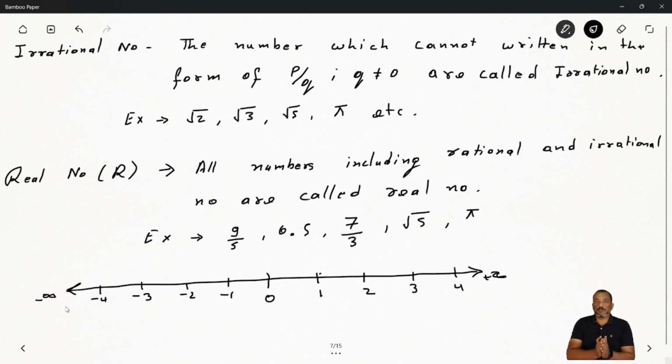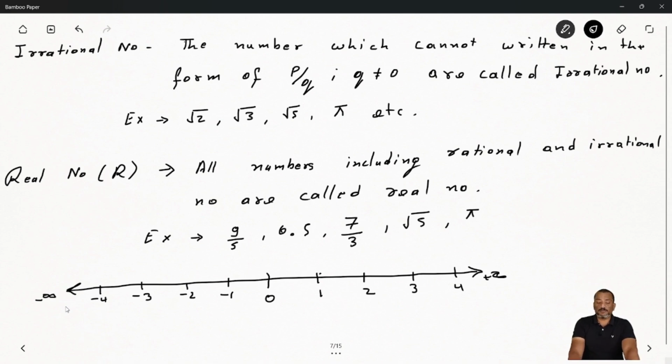All the numbers represented on this number line, like between 0 and 1, there are infinite fraction numbers. Between -1 and -2, there are infinite numbers. That might be fractions also, decimals also, so all those numbers come under the real numbers. So a number line we can call a real number line, where you can represent a fraction, a rational number, a whole number, or a natural number also. Okay, hope it's clear.